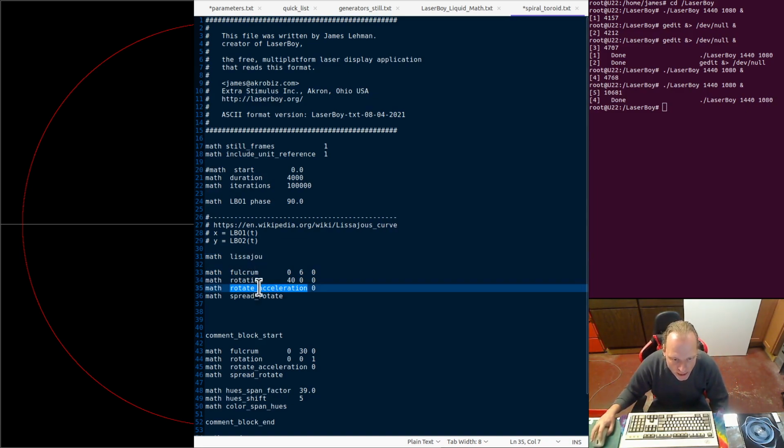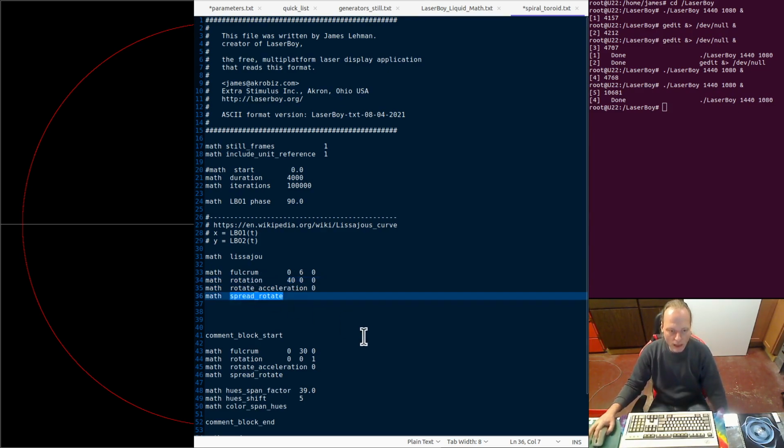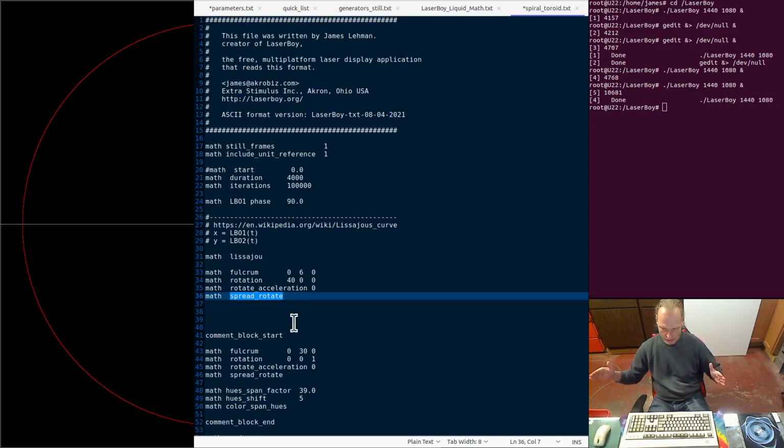And rotation acceleration we're saying here is 0. We'll get to what that is later. But we're rotating around the x-axis 40 times, and we're calling an operator called spread rotate. Spread anything means to distribute the effect throughout the entire set of vertices, from no effect at all from the first vertex to the full effect on the last vertex, and all vertices in between getting some portion along the way.